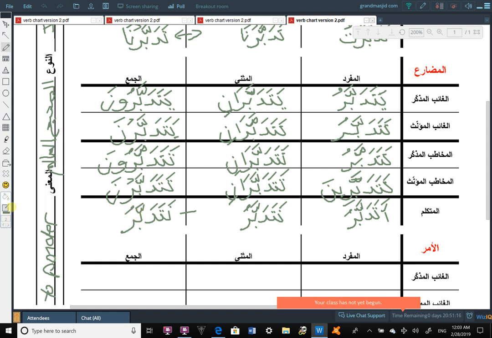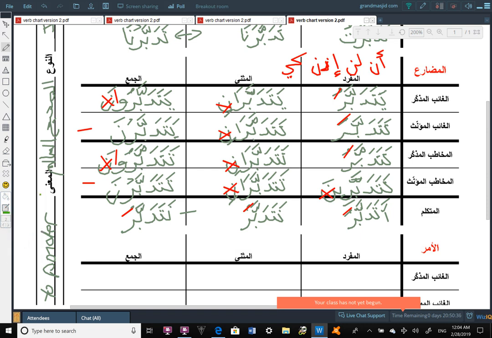As always, if we add an, lan, idhan, or kay in front of these present tense verbs, they become mansub with a fatḥa. They were marfu' with a ḍamma or with a noon. Now they become mansub with a fatḥa or by dropping the noon, except in these two, they're mabni with the noon of niswa.